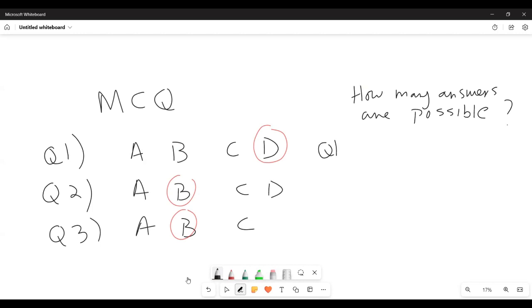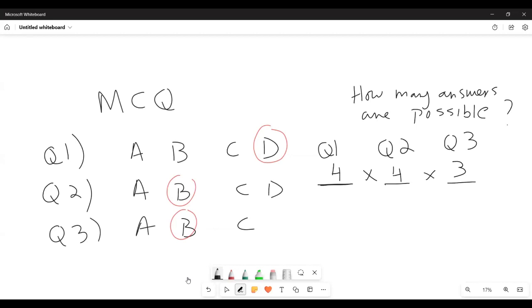Question 1 में 4 ऑप्शंस अवेलेबल हैं. Question 2 में 4 ऑप्शंस अवेलेबल हैं. Question 3 में 3 ऑप्शंस अवेलेबल है. सो pretty much the basic counting principle. 4 ways of question 1, 4 ways of question 2, and 3 ways of question number 3.